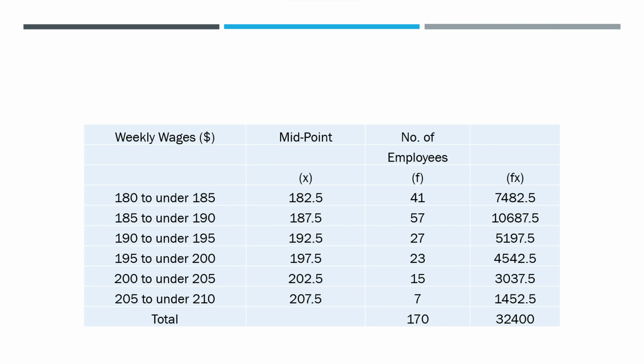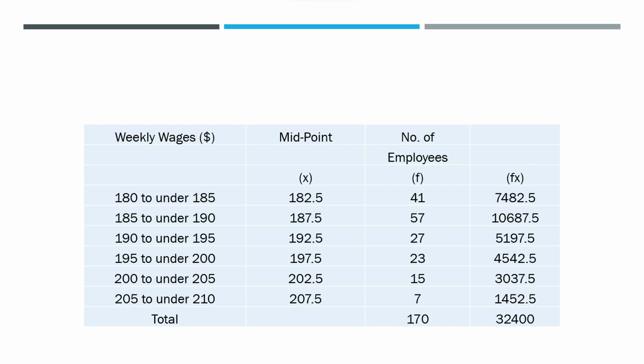Doing this, the first midpoint is 182.50, which is 180 plus 185 divided by 2. The second midpoint is 187.5, again the average of 185 plus 190 divided by 2.